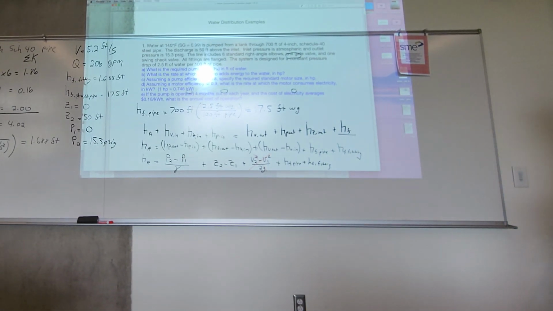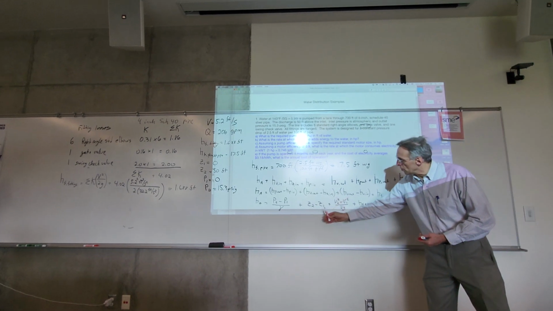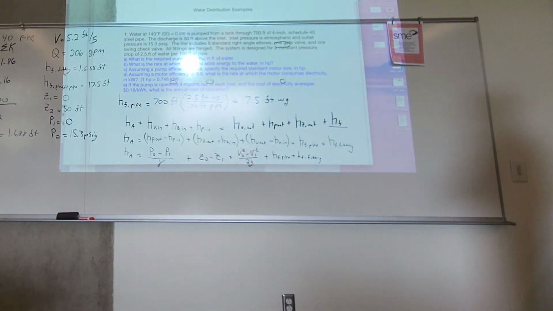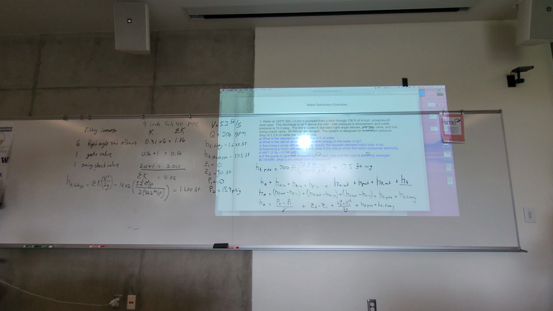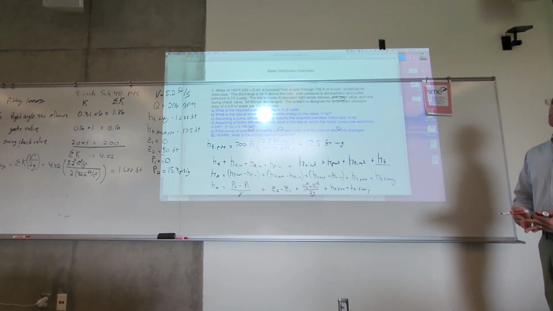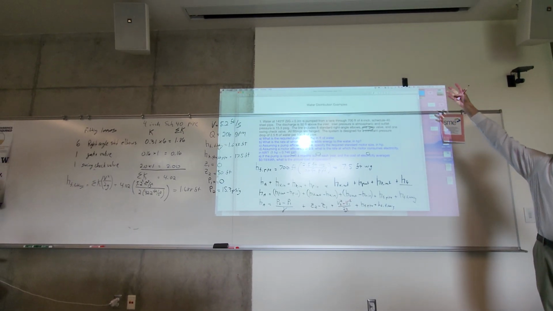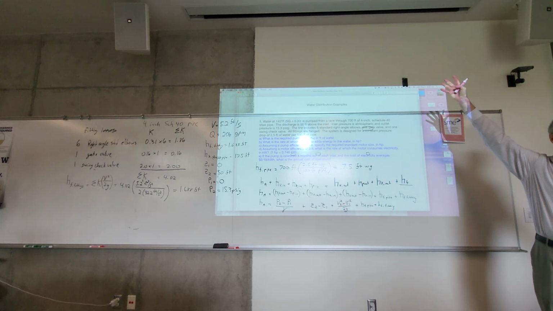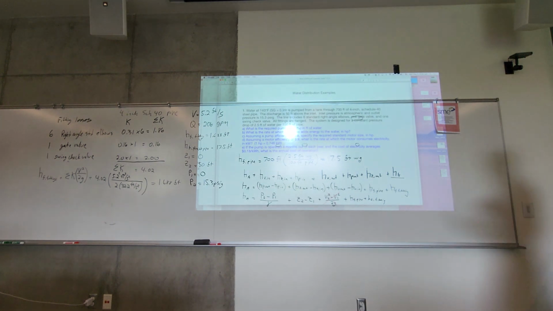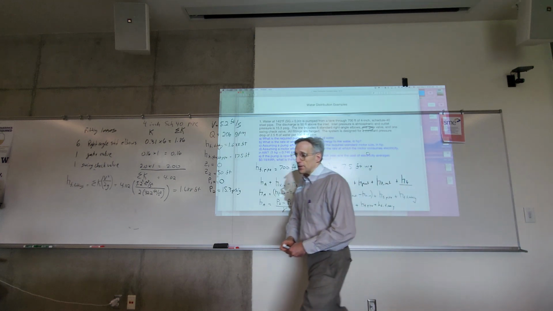Even with a change in pipe size, this number tends to be really small compared to the other ones. So typically it's ignored unless we have some specific reason, such as a significant change in pipe size or diverging pipes. Often if it's between two tanks, the velocity is 0 at the ends anyway, so there's no change in velocity if there are tanks on both ends. The other terms, of course, we do need to take into account.